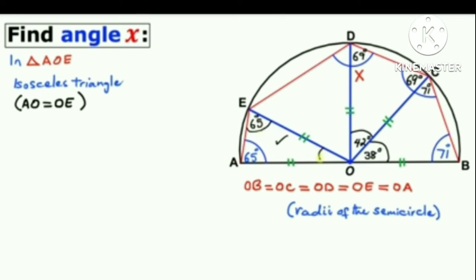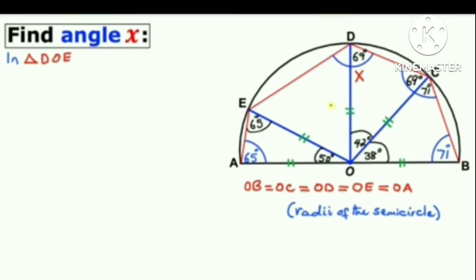That means this angle plus this angle plus this angle must be 180 degrees. Therefore, this angle has got to be 50 degrees, because 65 degrees plus 65 degrees plus 50 degrees indeed adds up to 180 degrees.